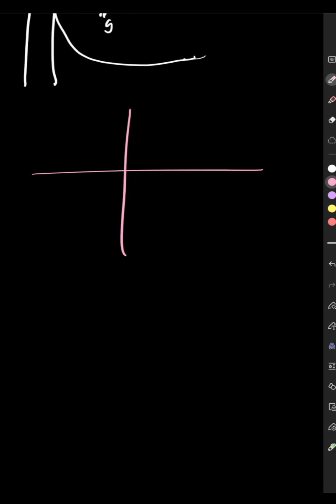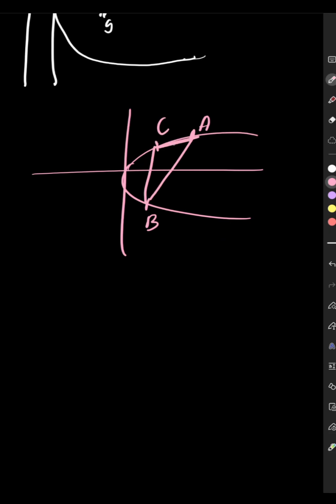Let's say I have a parabola. Now I have 3 points that are on this parabola, A, B and C. Now A, B and C can be joined to make a triangle, and let's say the area of this triangle is A1.